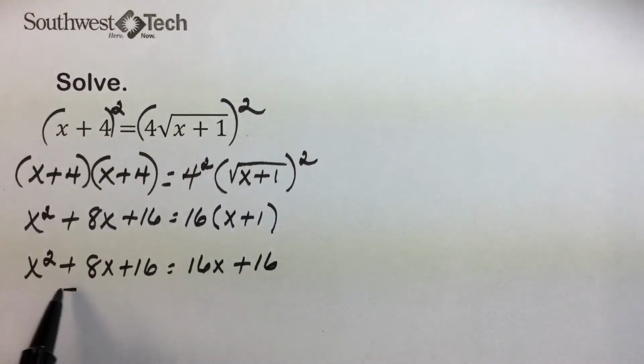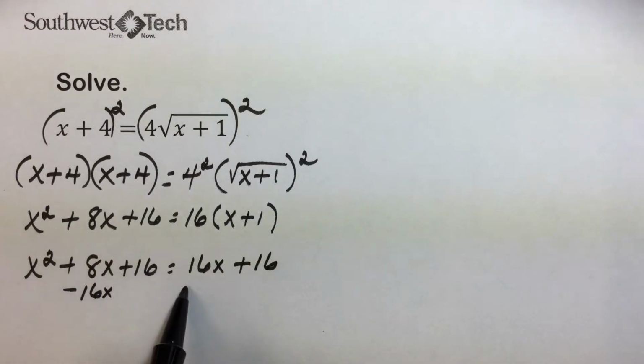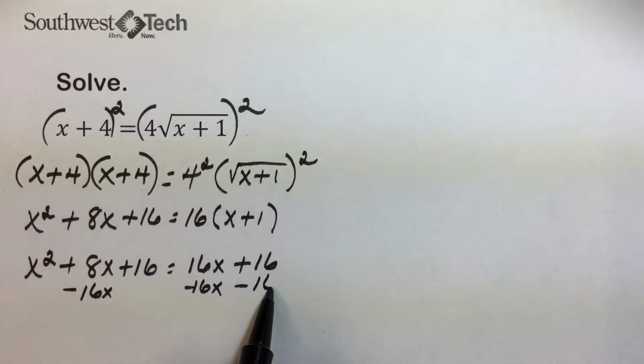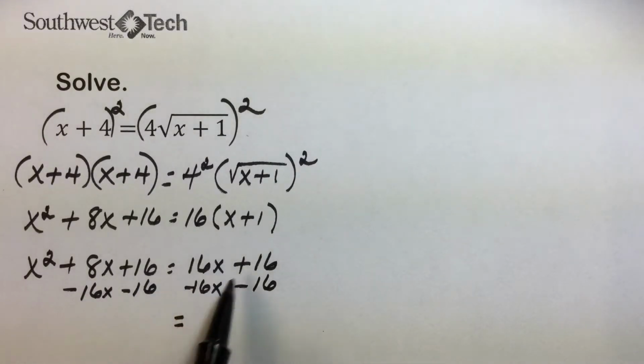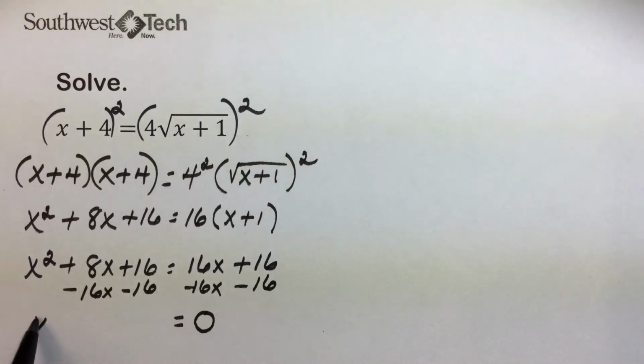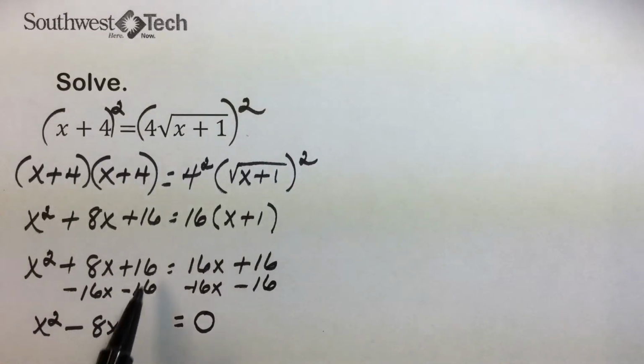To do that, I'm going to subtract 16x from each side to eliminate the term here. And while I'm at it, I'm going to also subtract 16 from both sides to clear the right side. These two terms cancel out. On the left, we have an x squared, combining like terms, a minus 8x, and our constant terms cancel out.